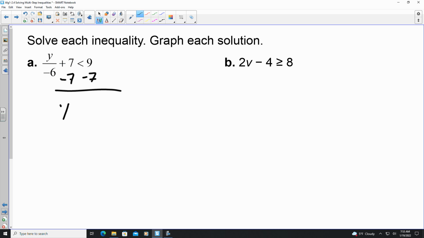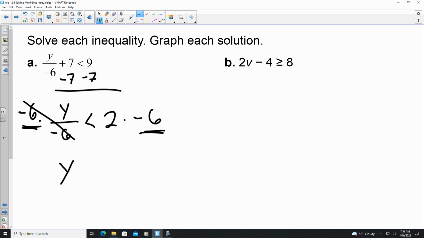So now I have y divided by -6 is less than 2. Now, because it's division by -6, I'm going to multiply by -6 to make that a 1. So that gets canceled, and I'm left here with y. But recall that I multiplied both sides by a negative number, so what was less than is now greater than.